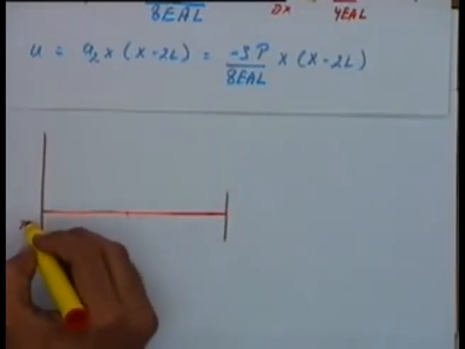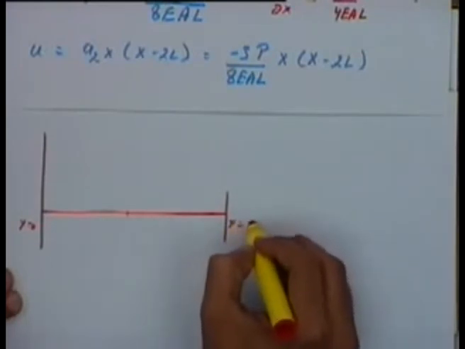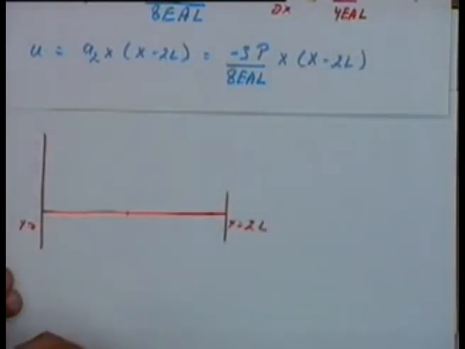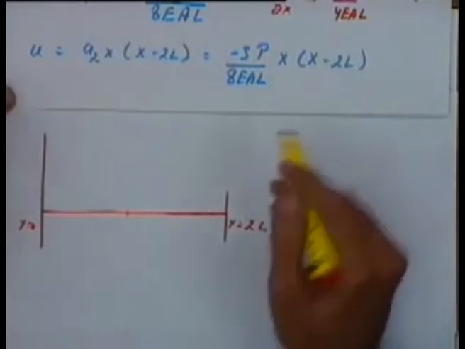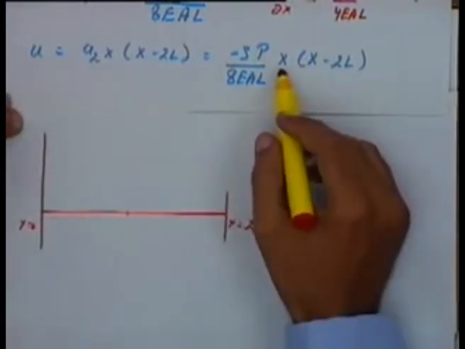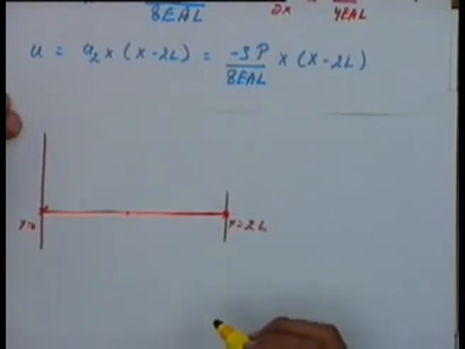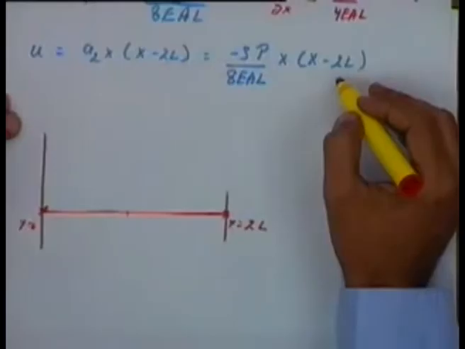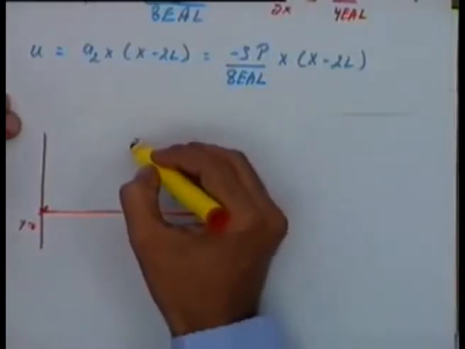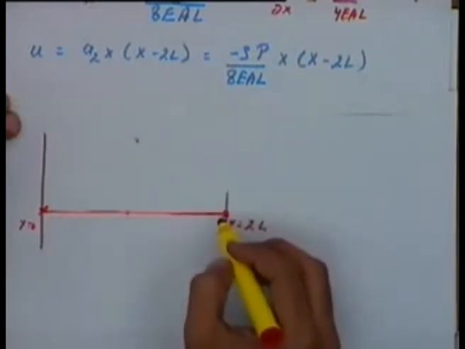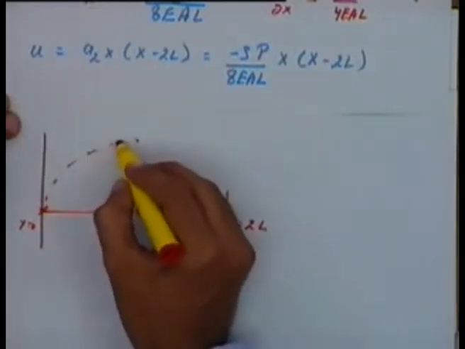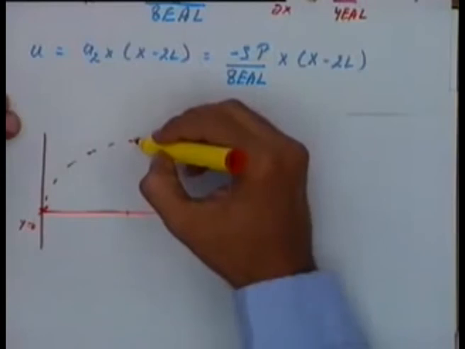This is x equal to 0 and this is x equal to 2L. This deformation u is equal to 0 at x equal to 0 and is equal to 0 at x equal to 2L. It is maximum at x equal to L, and it is a quadratic relation.